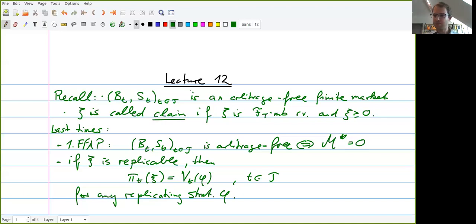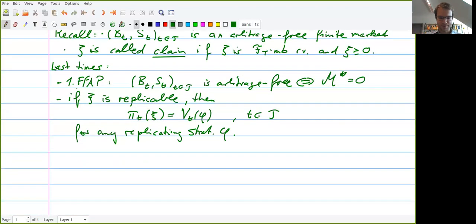So this is our current state of knowledge, and now we want to understand better how the prices can be determined by the market information. One way to do so, which is rather useful if one wants to explicitly compute prices, is that one can derive this price process.